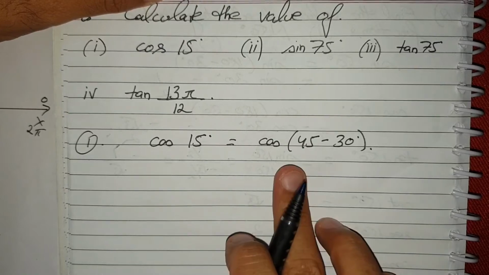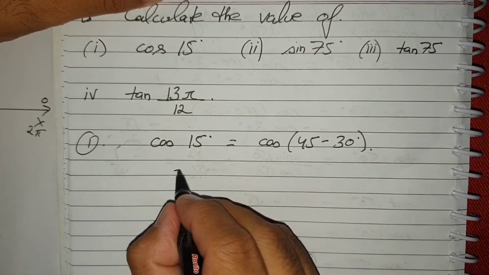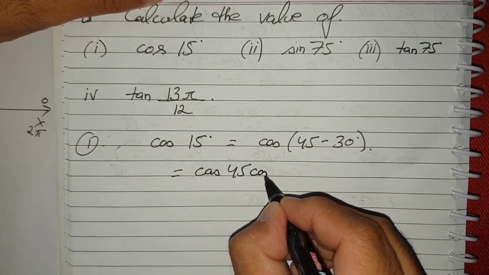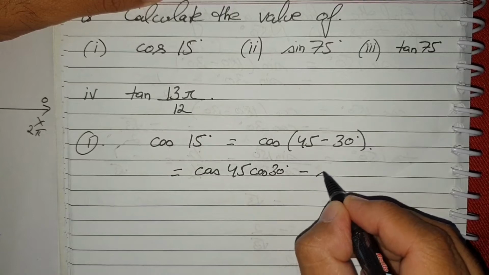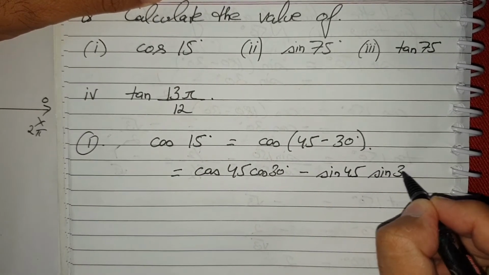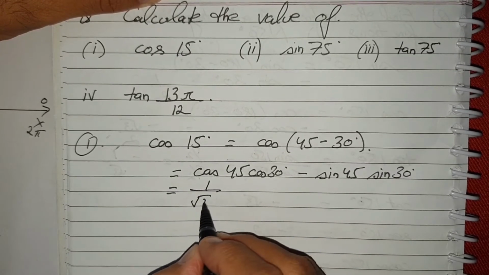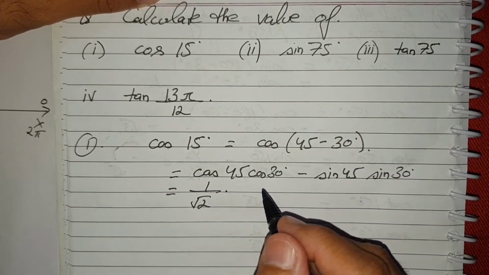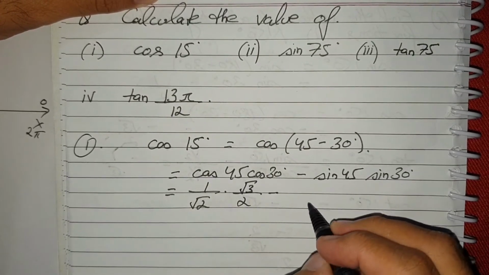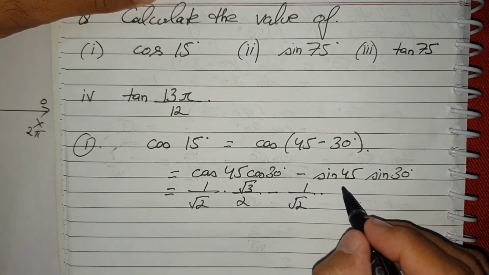Now use the formula cos A minus B: cos A cos B plus sine A sine B. Cos 45 degree is 1 by root 2, cos 30 is root 3 by 2, sine 45 is 1 by root 2, sine 30 is 1 by 2.